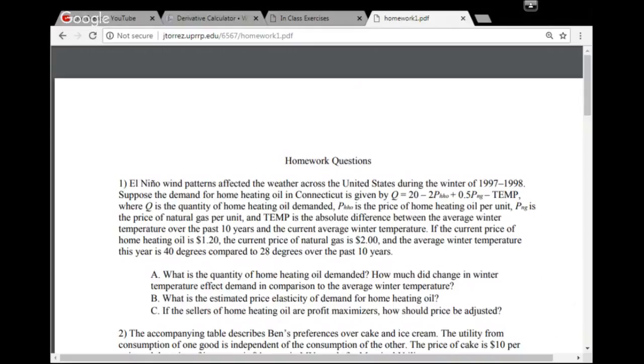Somebody help me out with the calculator. Here, I'll do it. .36, .36. Everybody get that? And of course, this is negative, but I wanted an absolute value.